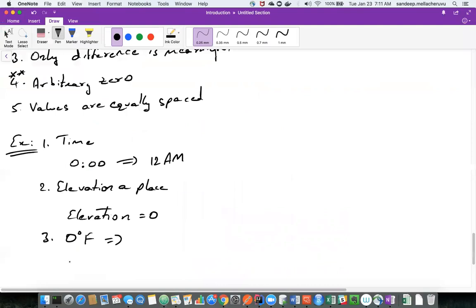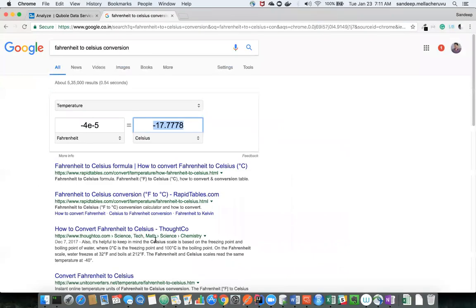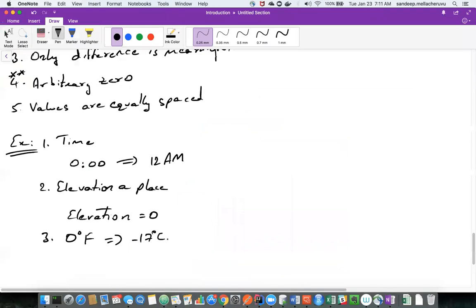So what it means is in another scale, that 0 will get vanished. In another scale, the 0 gets vanished and I'm getting minus 17 degrees centigrade.